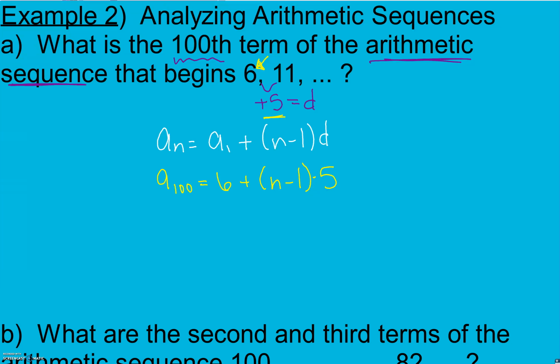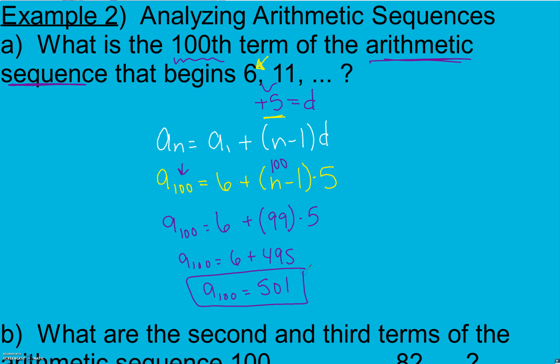And the amount of the 100th term: 100 minus 1 is 99 times 5. Add them together, and we get 501, which is way faster and easier than if we'd have added 5 100 times.